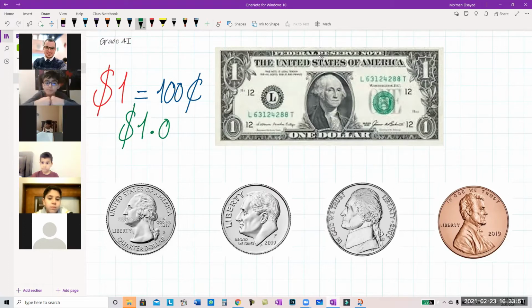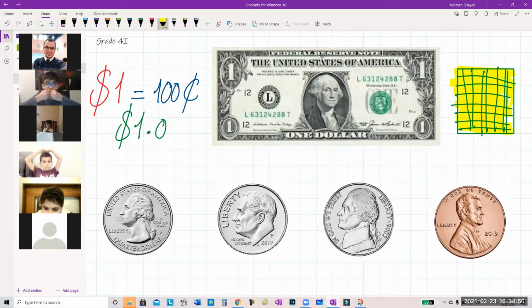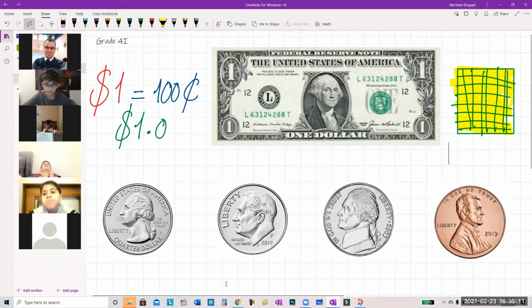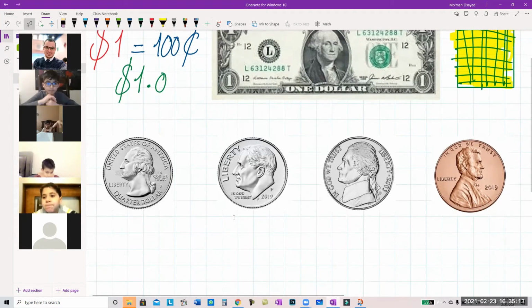If you want to model it as base 10 blocks, as we learned before, a completely shaded square denotes $1. So we write one in the ones place. Am I clear? Okay, let's see the next one.